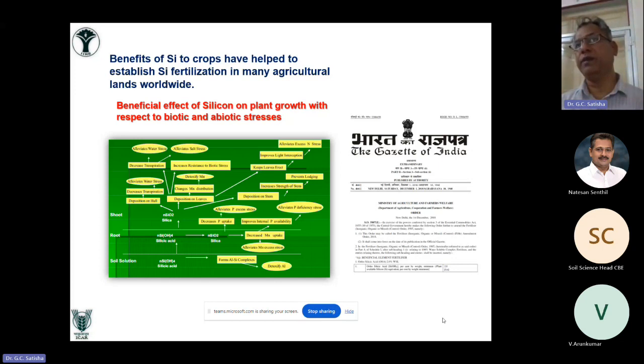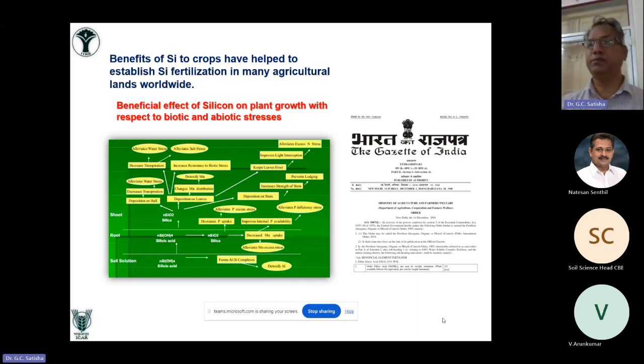There are different sources of silica in nature. Now there are industrial based products, and in nature also we have developed them. Silica products have been developed from Australia, an ore based product recommended for soil application. Besides, we have chemical based formulations like calcium silicate, also recommended for soil application to counteract abiotic and biotic stress.